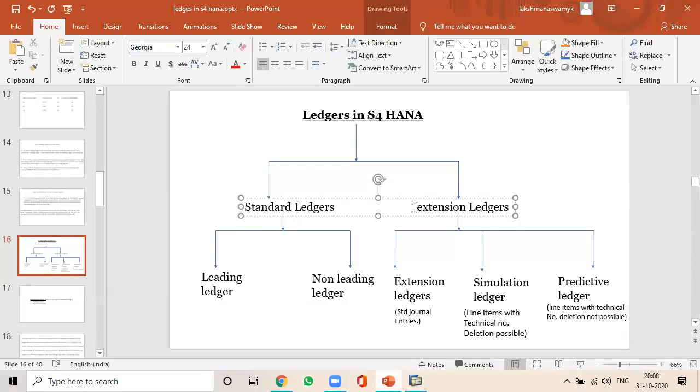The extension ledger is a very new ledger type and very efficient functionality from the viewpoint of reporting. Under the standard ledgers, you have the leading ledger and non-leading ledger. Under the extension ledgers, you have the extension ledger with standard journal entries. Then the simulation ledger: line items with technical numbers, deletion possible. Then the predictive ledger: line items with technical numbers, deletion not possible.